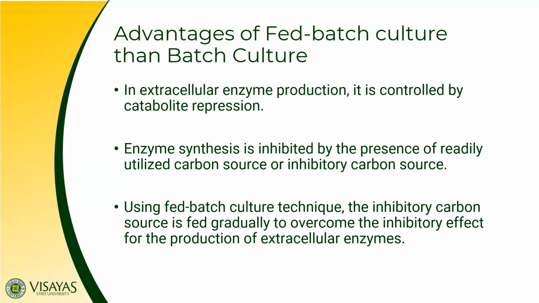So when the fed batch culture process is employed, the carbon source is fed gradually. There is an exponential feeding of the carbon source in order to overcome the inhibitory effect in the process, for a constant production of the extracellular enzymes.